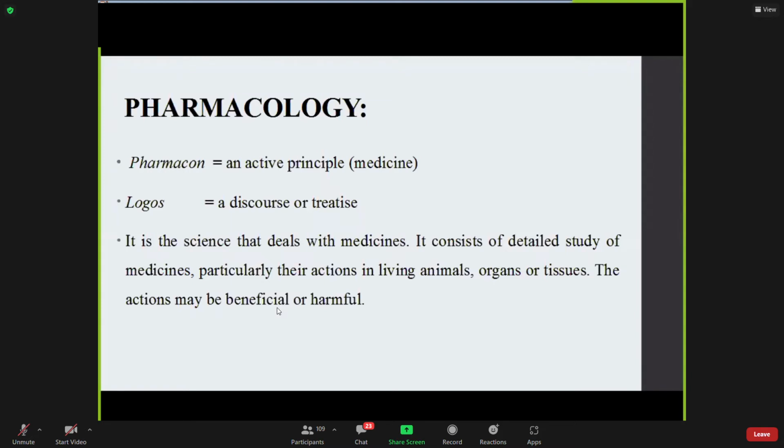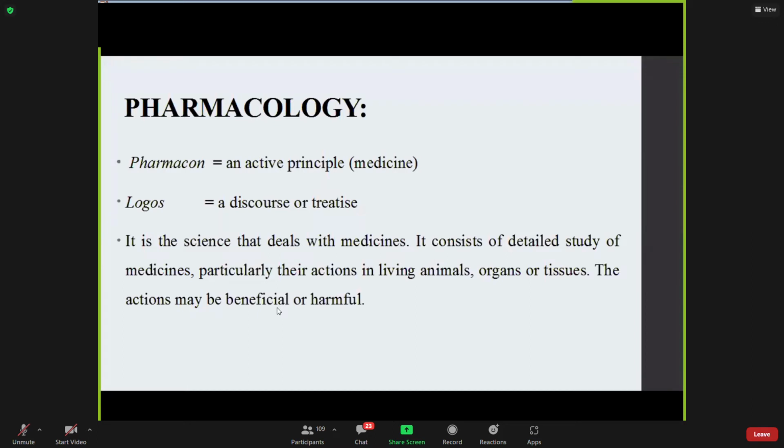And logos means a word. A synonym of this word is discourse or treatise. The meaning of this word is a detailed study of something. So pharmacon plus logos means detailed study of medicines.